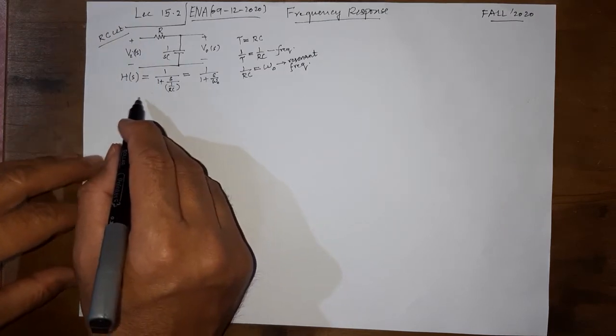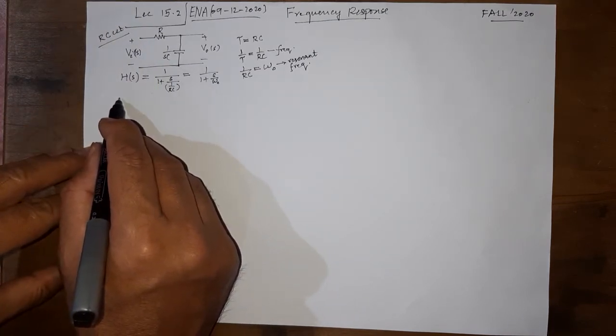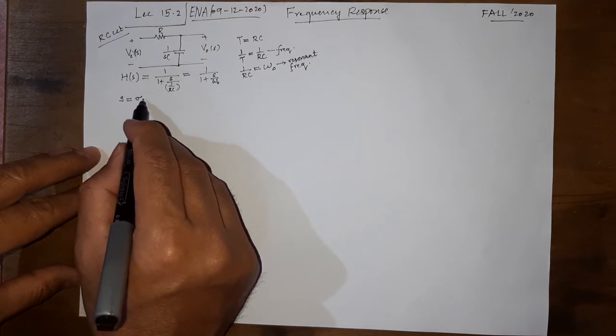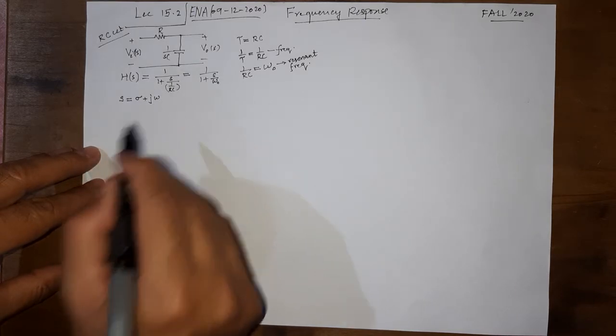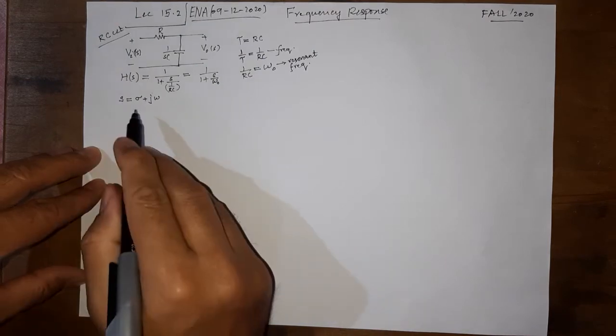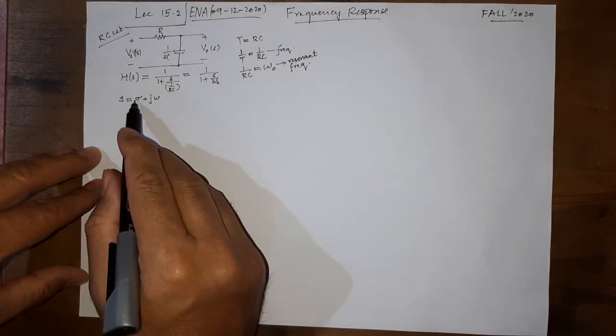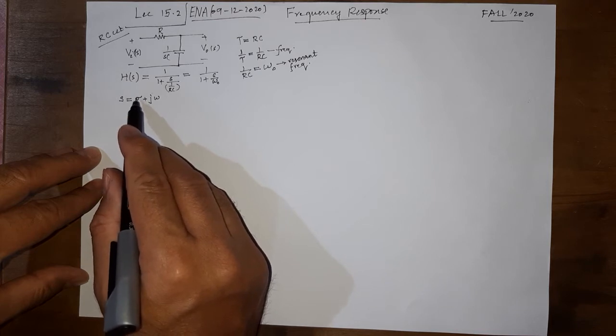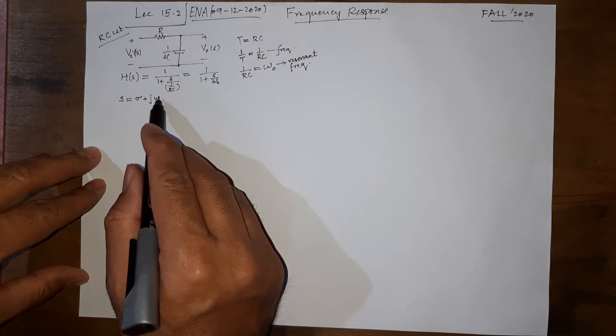Now, what we are interested in is frequency, and S is a complex variable which has a real part and an imaginary part. The real part covers the decaying part of the source, the decay coefficient, and the imaginary part covers the sinusoidal, repetitive nature, the frequency.